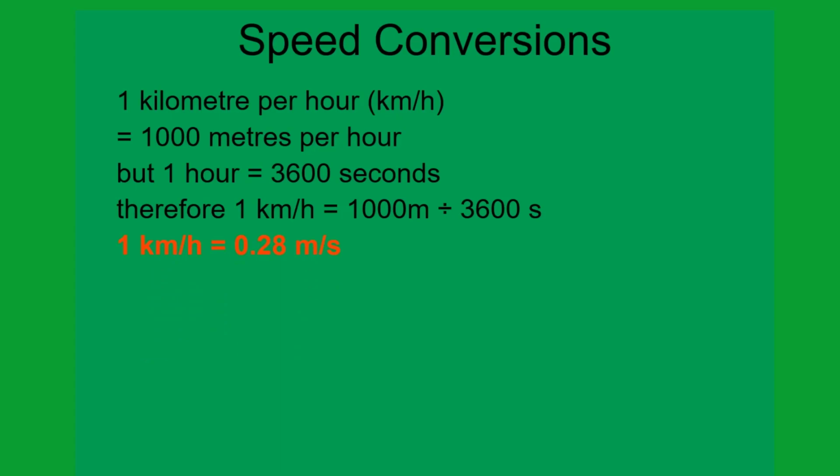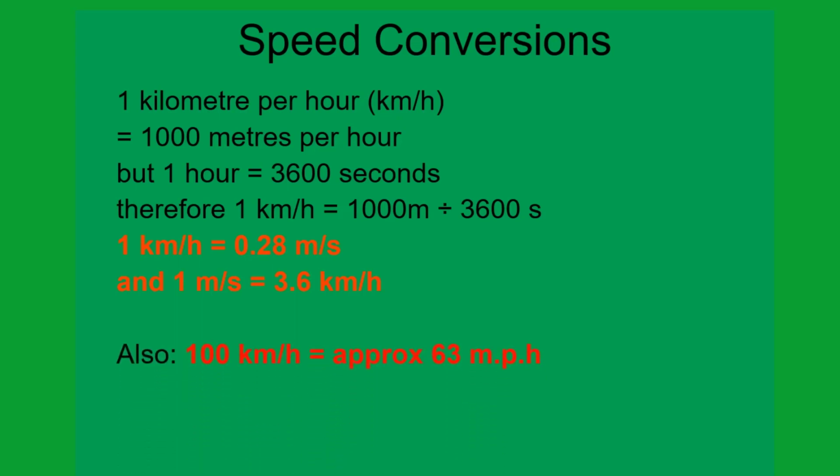Remember this thing, 1 kilometer per hour equal to 0.28 meter per second. And 1 meter per second equal to 3.6 kilometer per hour. So remember these two things, very important.